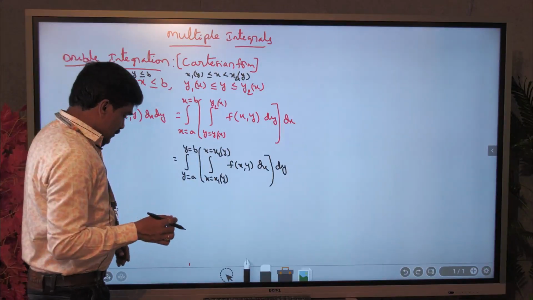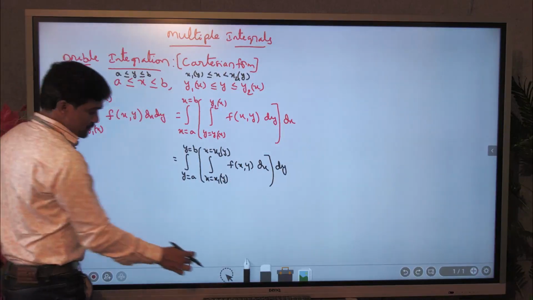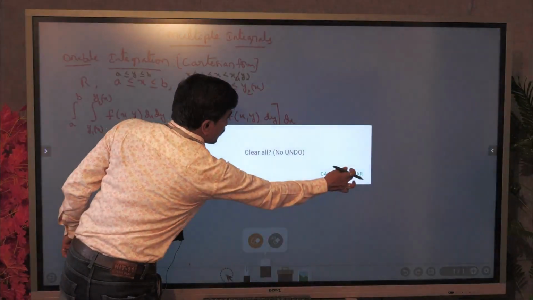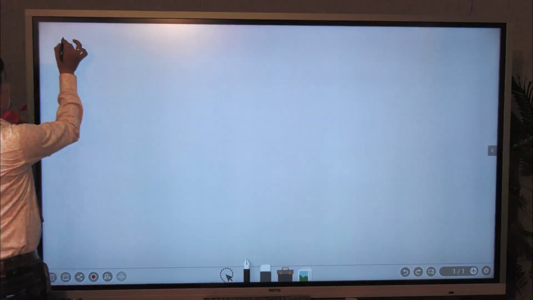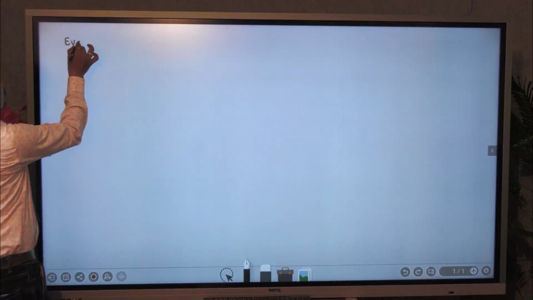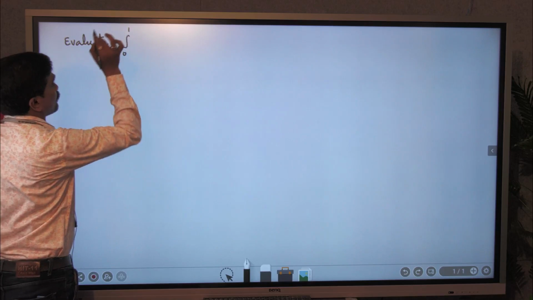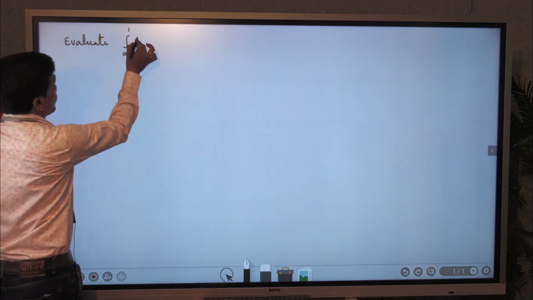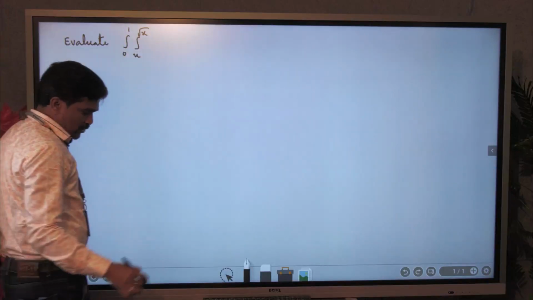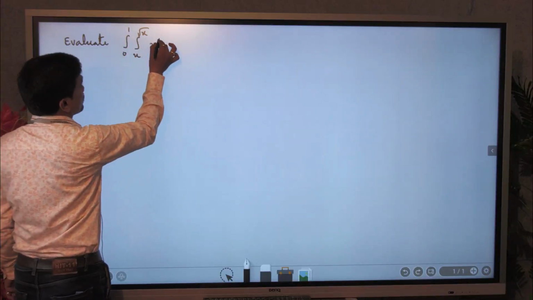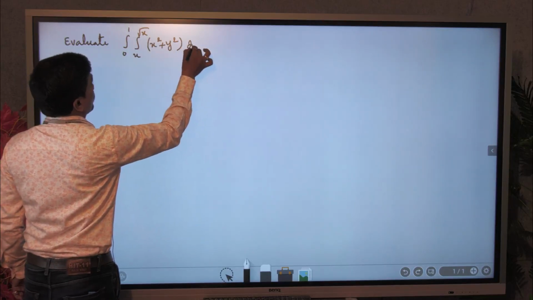Now we are going to discuss one example of double integration. Evaluate the integral from 0 to 1, integral from x to root x, of x square plus y square, dy dx.